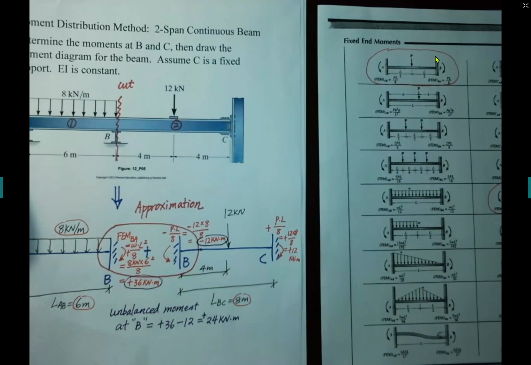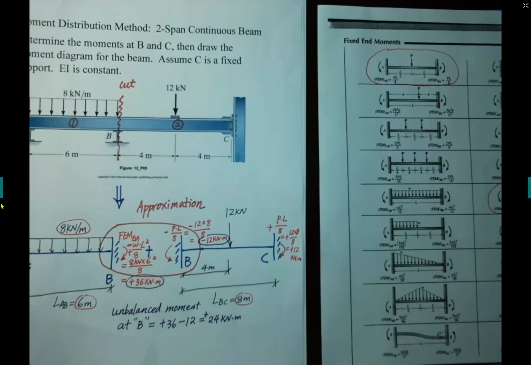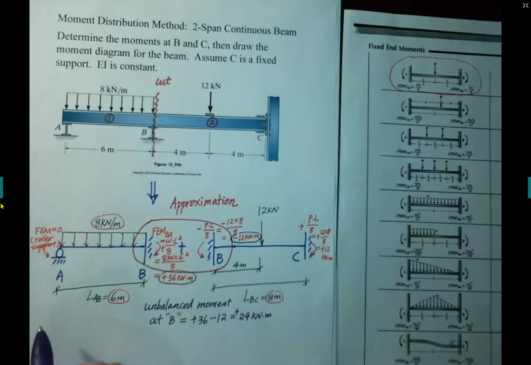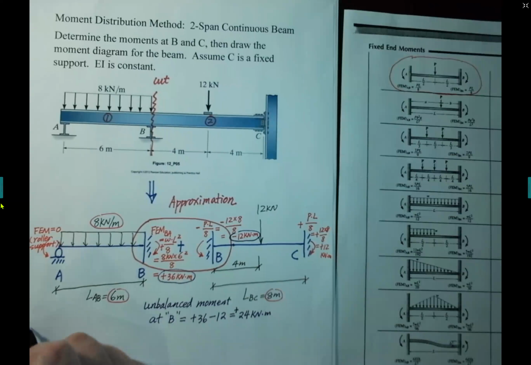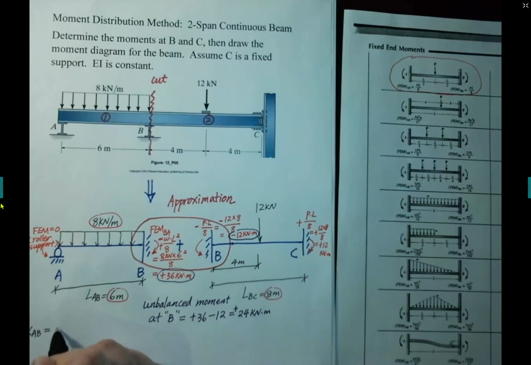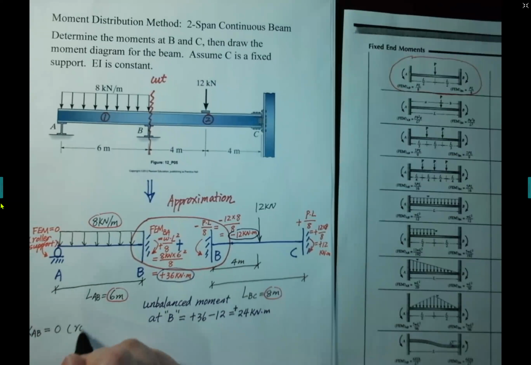In order to distribute unbalanced moment, we need to calculate the relative stiffness at each joint. Now let's take a look at member AB. First, we want to calculate the stiffness. So at A, KAB equals to 0 because it's a roller support.